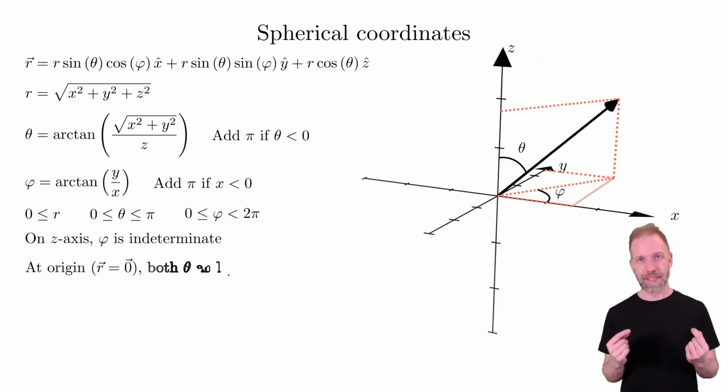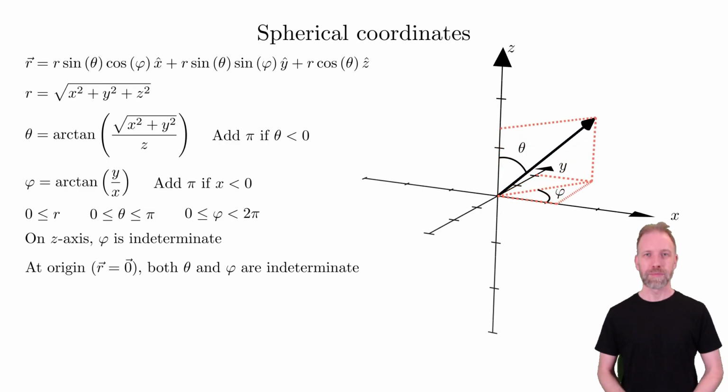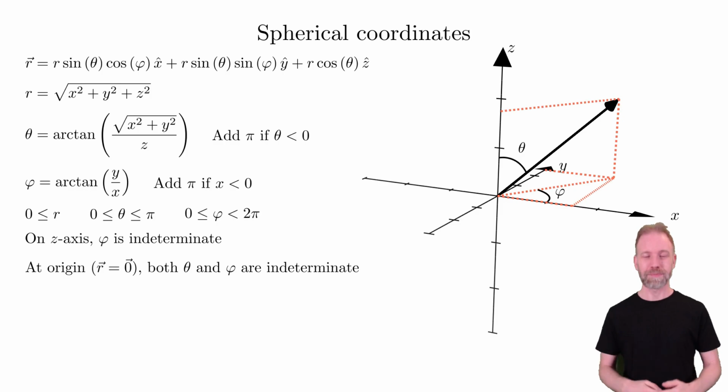At origin, we get a 0 vector for all values of theta and phi, hence both are indeterminate. You should be aware of these when you convert values to spherical coordinates to avoid 0 over 0 for your arctan expressions.